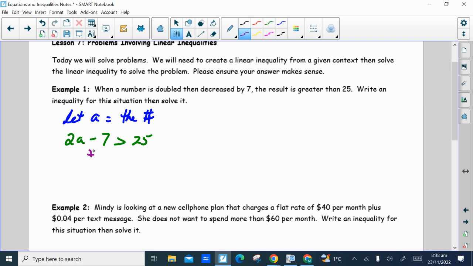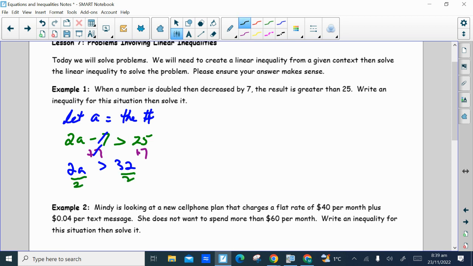So we'll start by adding 7 to both sides to get the 2a by itself. Minus 7 plus 7 cancel. You'll have 2a by itself on the left. And that has to be greater than 25 plus 7 is 32. And then we would divide both sides by a positive 2.